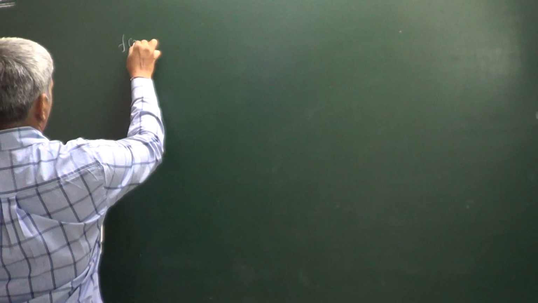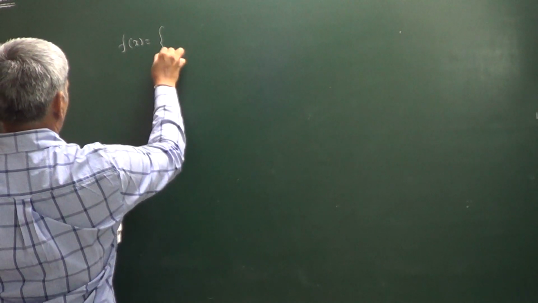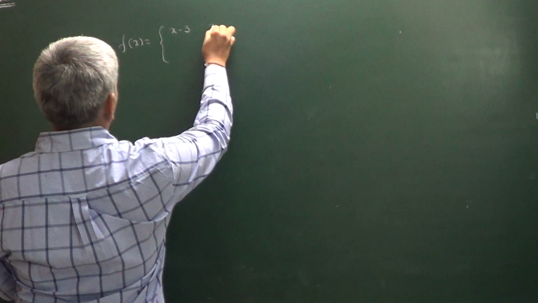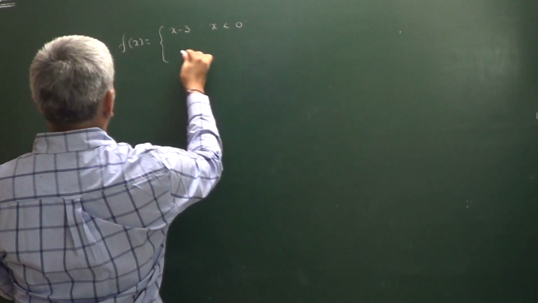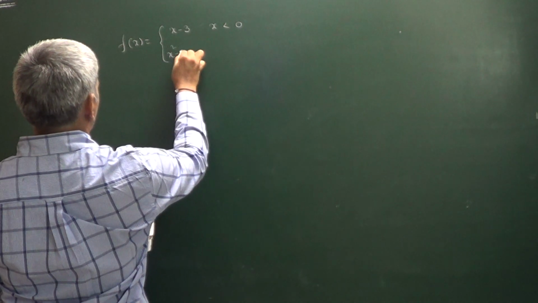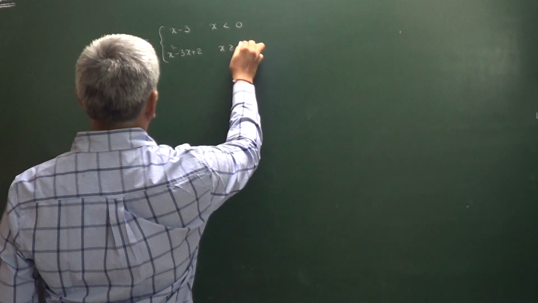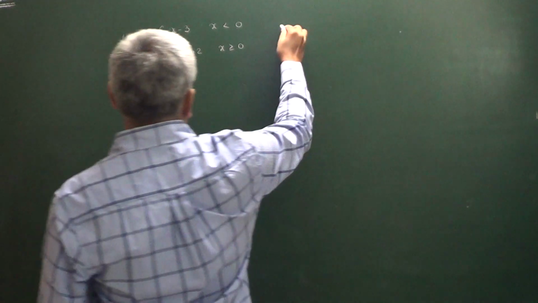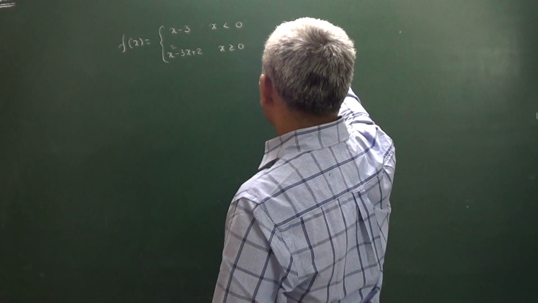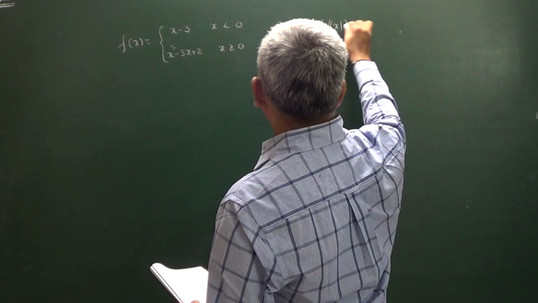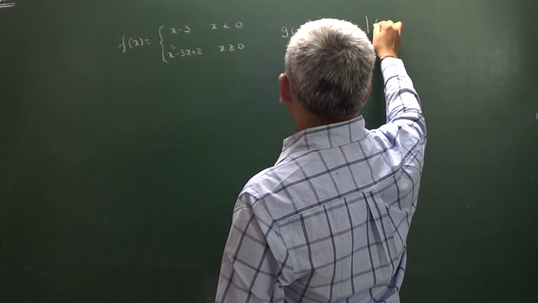So now you can check, another question is asking to check the differentiability and the continuity of the function. f(x) is equal to x minus 3 when x is less than 0, and equal to x squared minus 3x plus 2 if x is greater than or equal to 0, and also given g(x) equals f(|x|) plus |f(x)|.